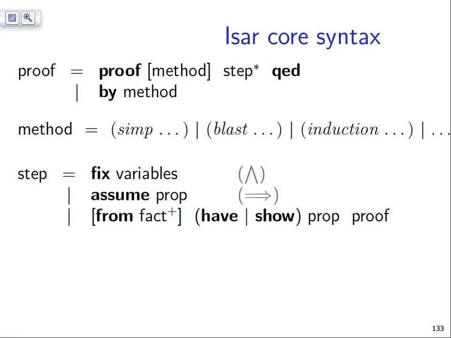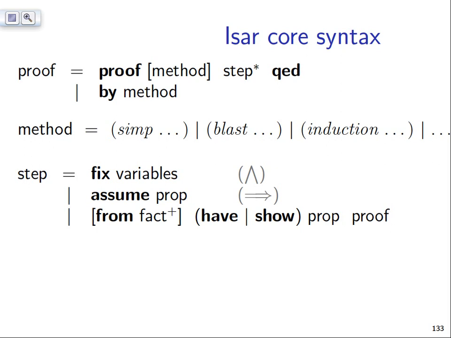Here, have or show, that's again meta syntax, the parentheses and the or here. So this step here is either a have step or a show step, and it has a proposition that's being proved, and it has a proof using the syntax up there, how it's being proved.